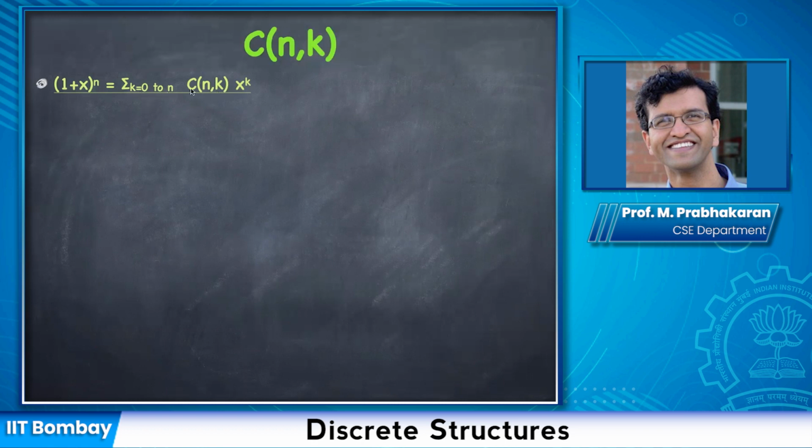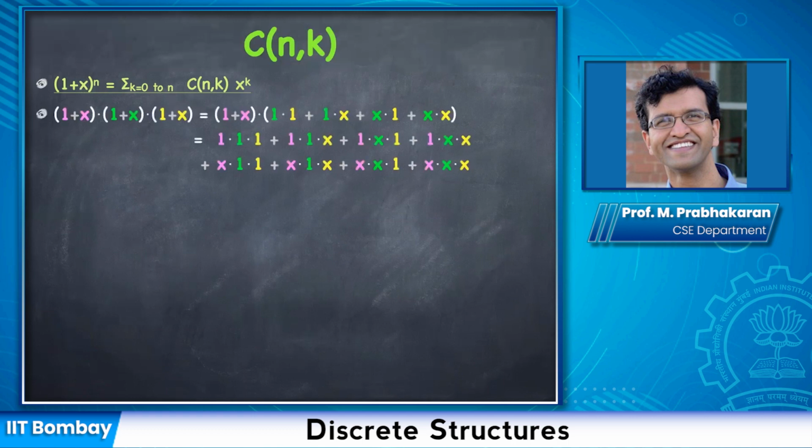Again, the summation is over all values of k for which C(n, k) is not 0, so k equal to 0 to n. And why do I say it's a more general expression than what we just saw? If I put x equal to 1, then this x to the k just disappears. It's just 1. So this is just summing up C(n, k). And on this side, I get 1 plus 1 to the power n, which is 2 to the power n. So why does this hold?